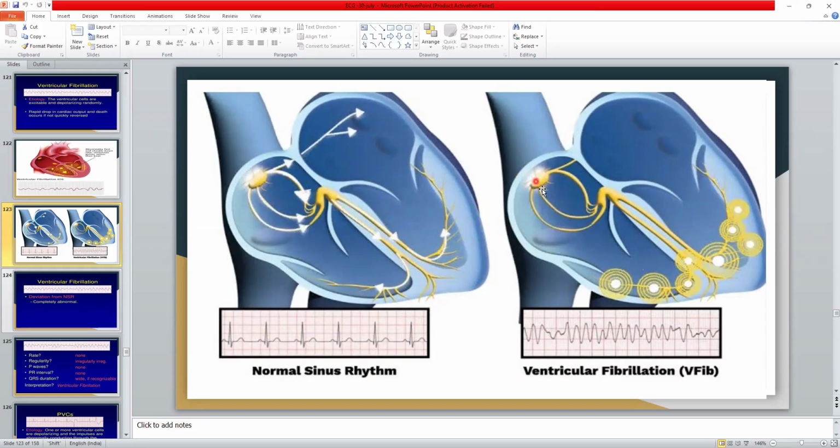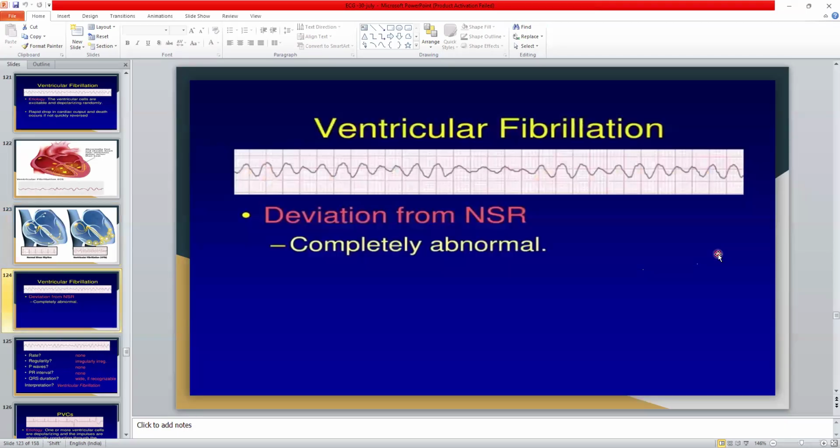But here, from SA node to AV node, there are multiple foci of impulses causing the ventricles to tremble or shake rather than to beat. Is this normal sinus rhythm? No, it is completely abnormal.